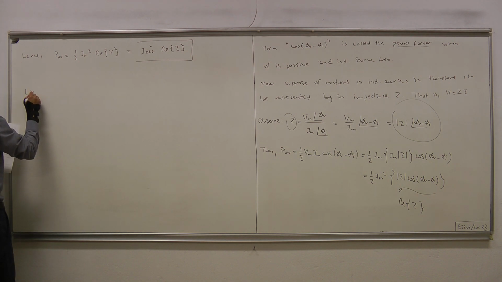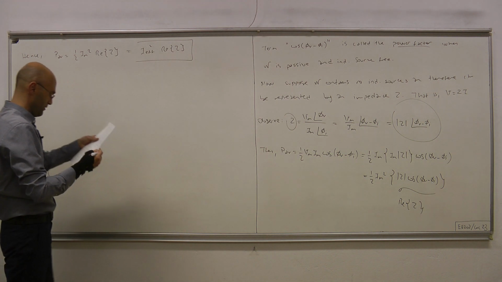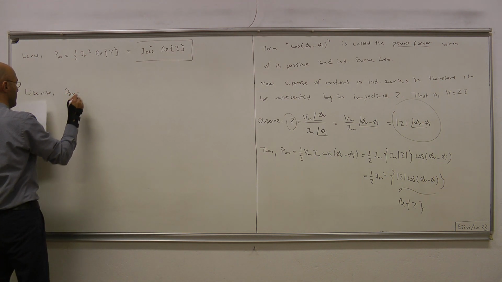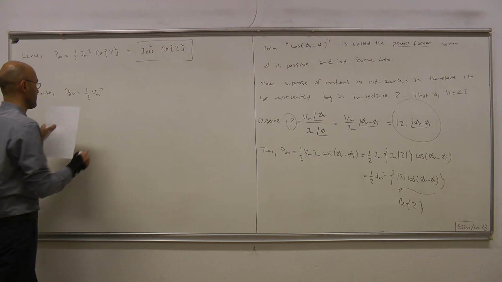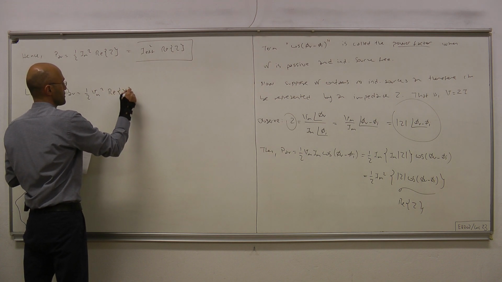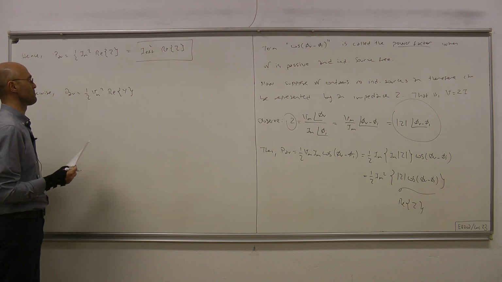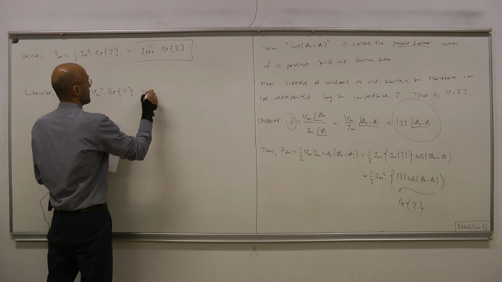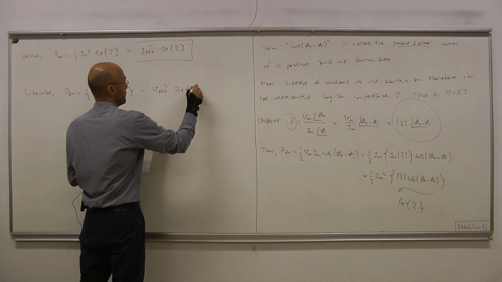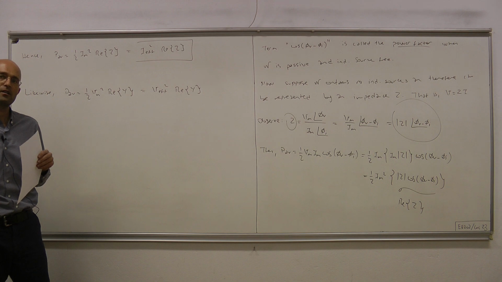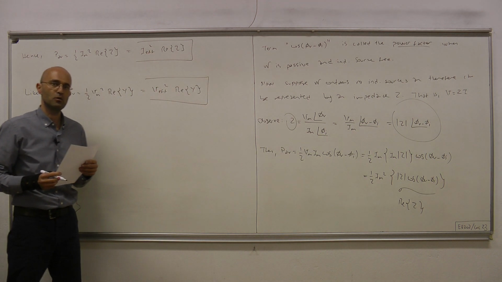Okay. Likewise, we could have expressed the thing in terms of the voltage, and if we do that, we have P average equals 1/2 Vm square times the real part of 1 over Z, the admittance, and that equals V effective square times the real part of admittance, which we call the conductance of the one port. Okay, this and that, they are equal to one another.